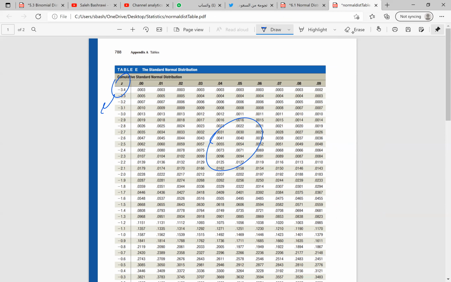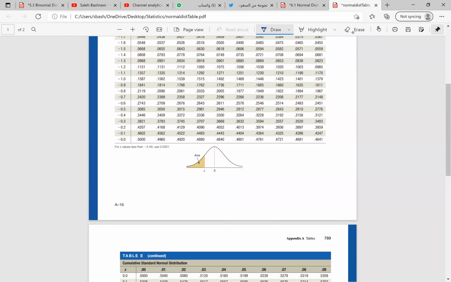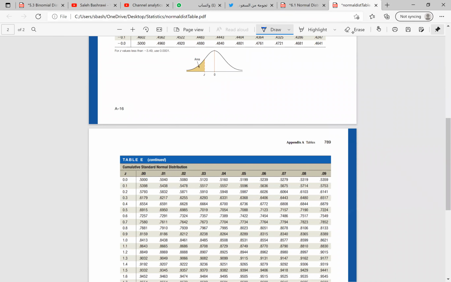So if we go for z equal to 0.37, the first column gives me only one decimal place. The second one will be in the horizontal one. 0.37 is 0.3 plus 0.07. 0.3 will be in the first column, and for 0.07, we look at the horizontal one to find it.